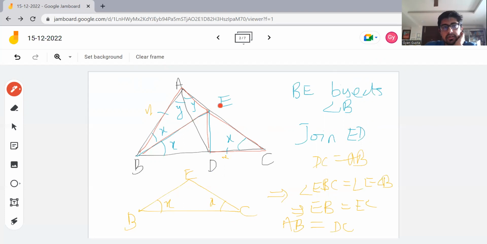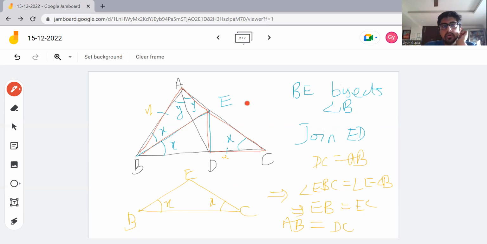Now, in triangle EDC, since this angle is equal to this angle, we have DE is equal to EC. We are also given DC is equal to AB and angle ABE is equal to angle ECD. By SAS congruency, we get ABE is congruent to DCE.